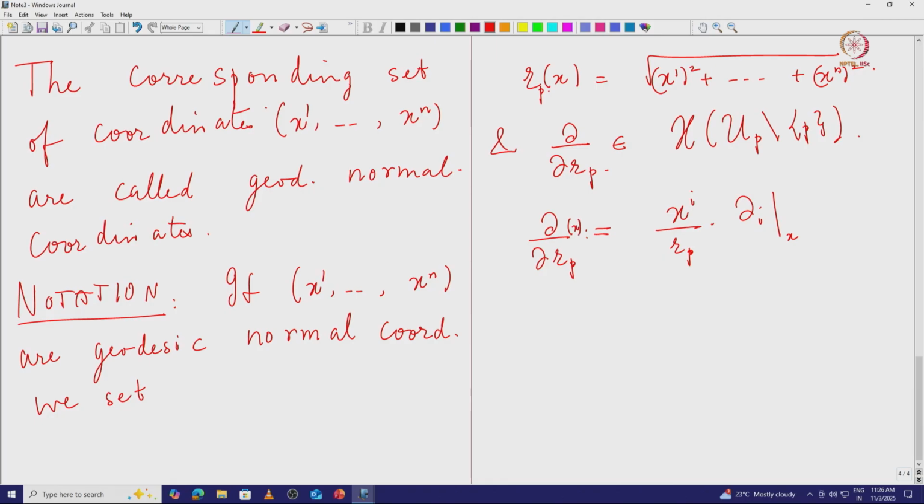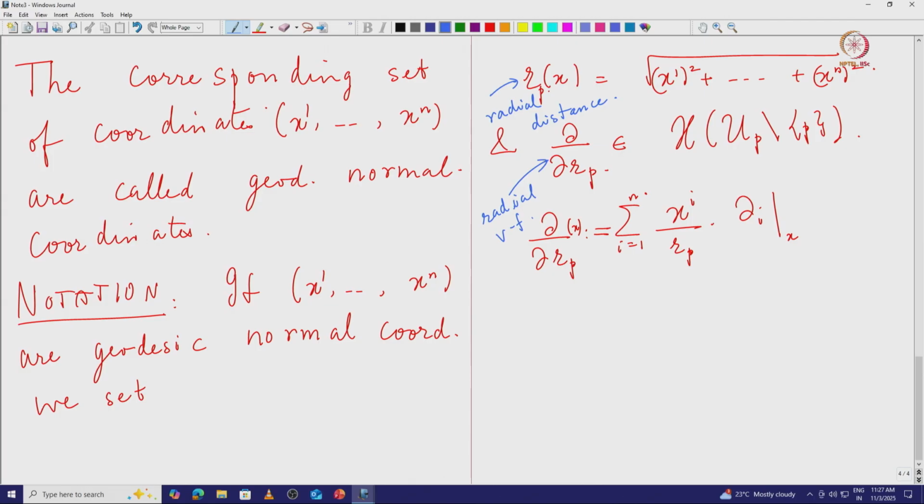And of course, as usual, you sum over the repeated index, which is i in this case. So this is called the radial distance, and this is called the radial vector field.